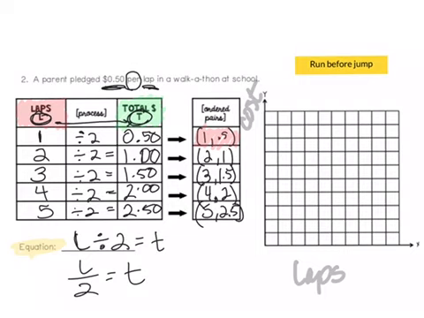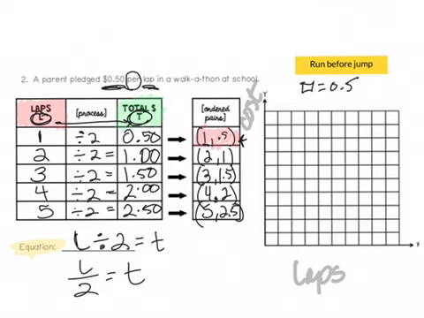So before I get started, I want to think about what scale I'm working with. So I'm looking at my data, and I'm noticing that I have number values that are represented in 1.5. So I'm going to determine that because my smallest value is 1/2, I'm going to make 1 square equal to 1/2. I'm changing the scale.